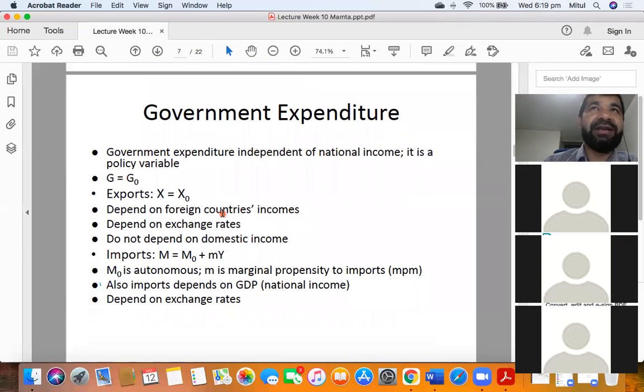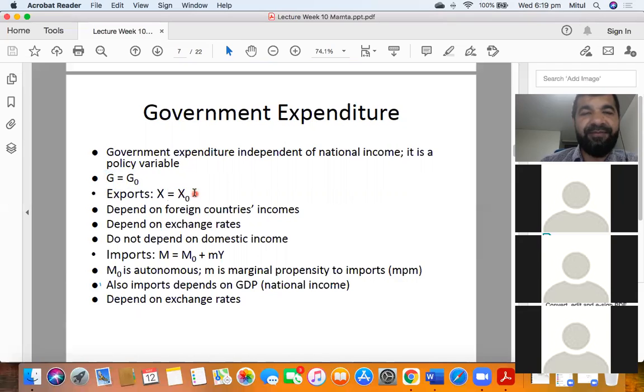Another one coming here is government expenditure. Government expenditure is independent of national income. It is a policy variable, so it depends on the government policy, what policy the government is taking. So it's nothing to do with anything, it's just G equal to G0, nothing else is involved here.